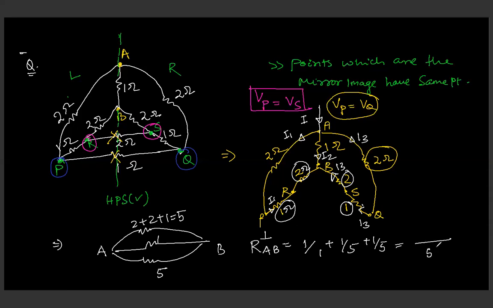So this is 5 and 5 plus 2, that is 7 by 5. So final answer is equal to 5 by 7. Final answer is coming out to be 5 by 7. So final answer, I am putting it in a box, that is 5 by 7 ohm is the correct answer.